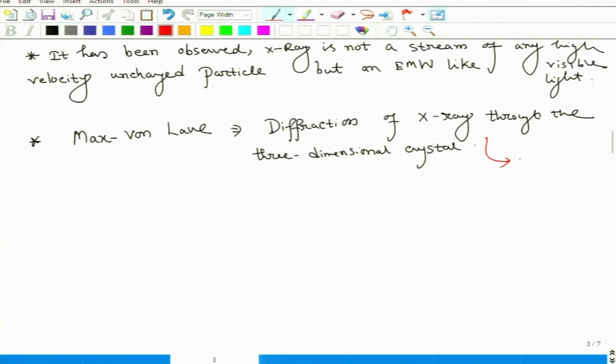This experimental result proves that X-ray is a wave. This is one kind of experiment; there are several types of experiments which prove that X-ray is a wave.